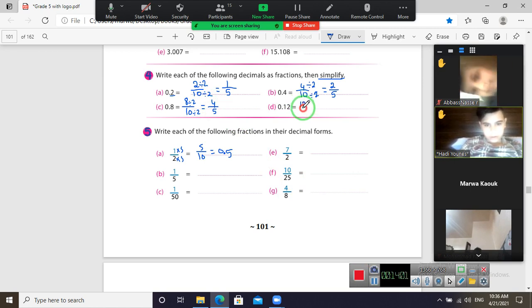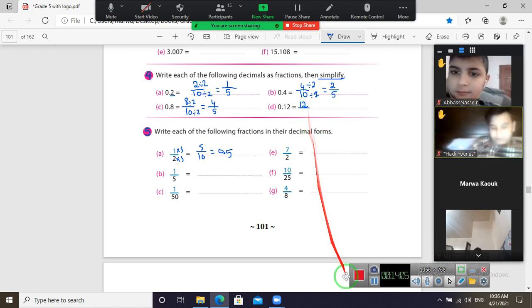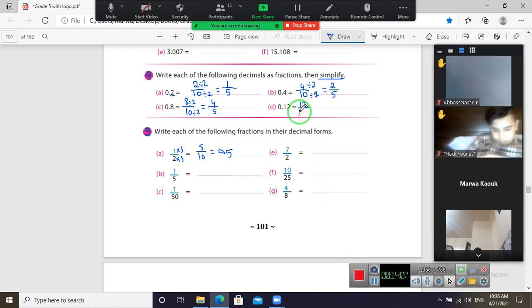It's 12 over what, Yanin? Over 100. Okay. Simplify it. Divide by what? You can divide it by 4, since 100 is 25 times 4. It's equal to 3 over 25.